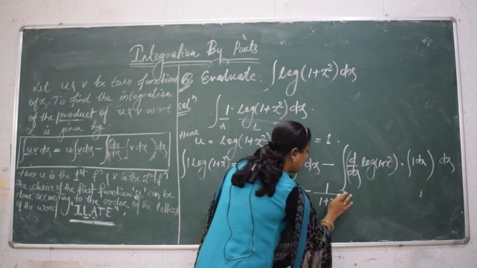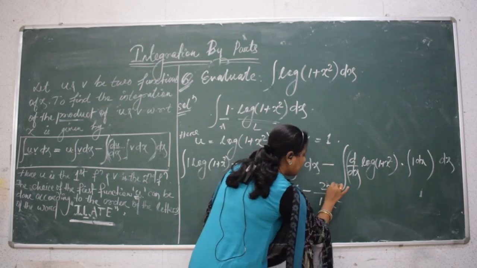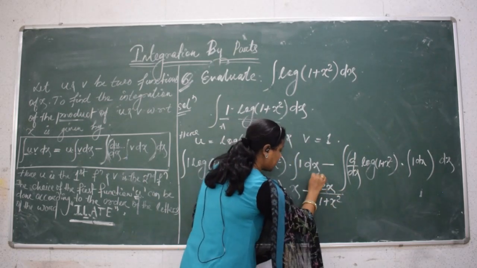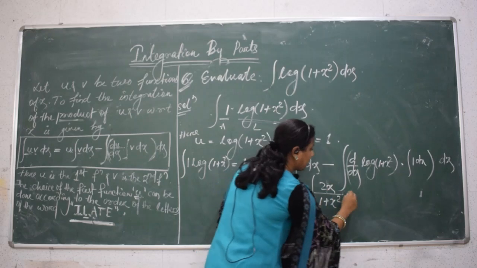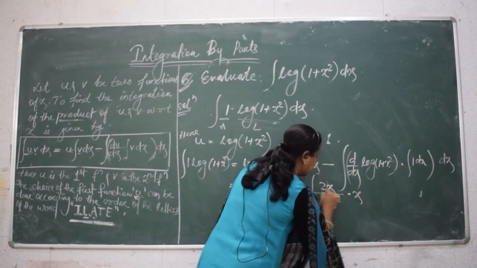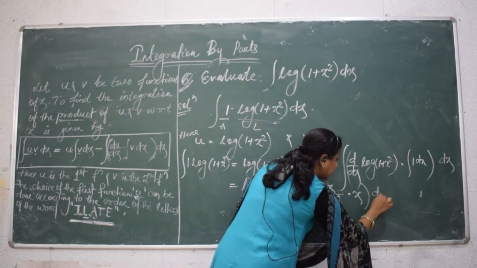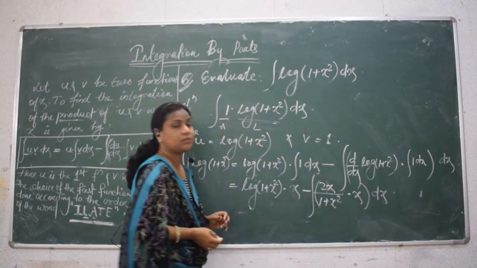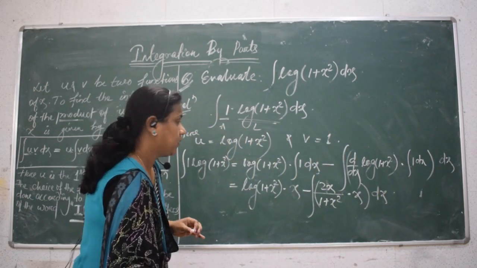So, here I can write directly 2x by 1 plus x square. Here the integration sign is there, and the integration of 1 dx we got x. Again you have to integrate this with respect to x.